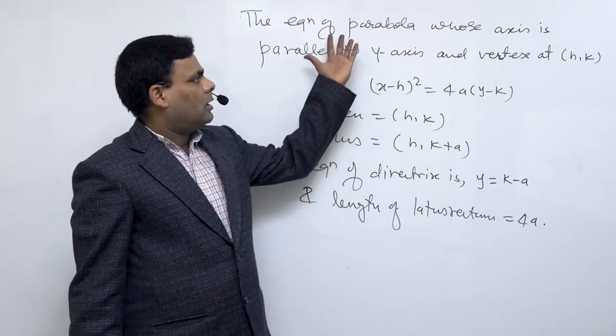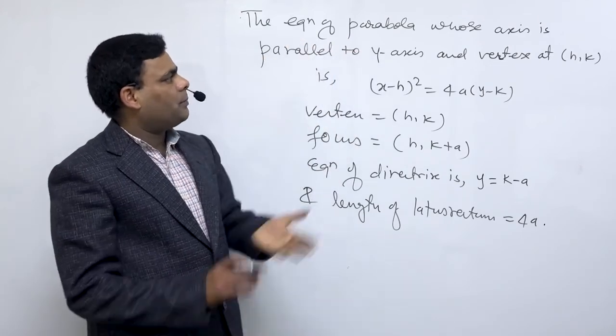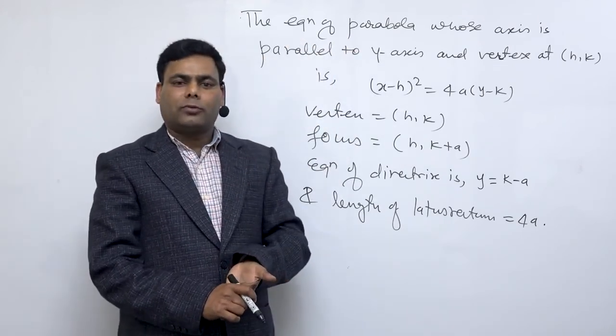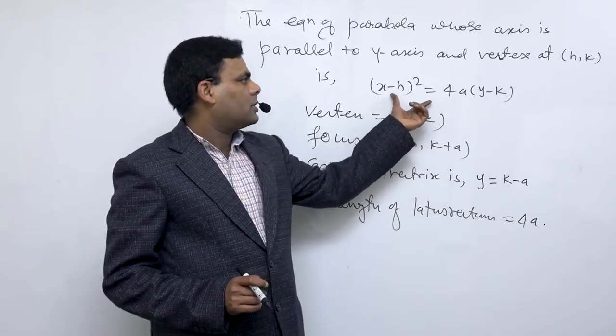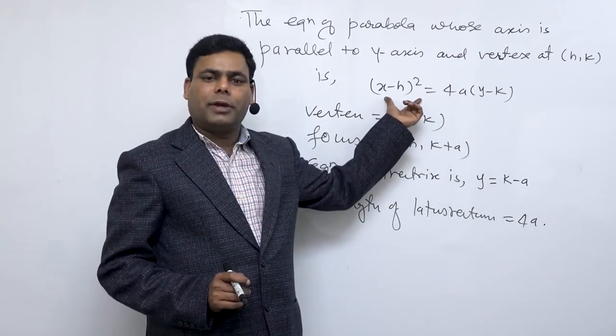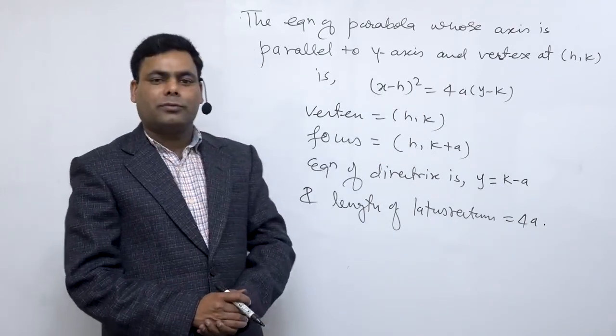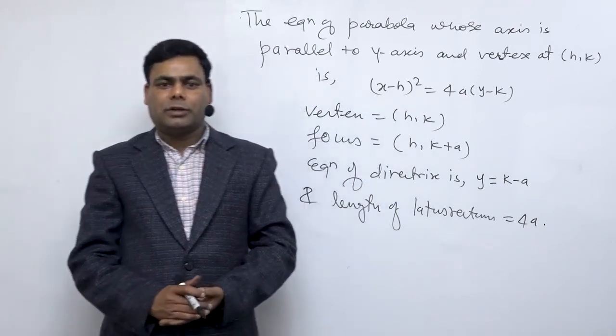In this way, we can find the equation of parabola whose axis is parallel to the y-axis and vertex at any point (h, k). The equation is of the form (x minus h) whole square equals 4a into (y minus k).